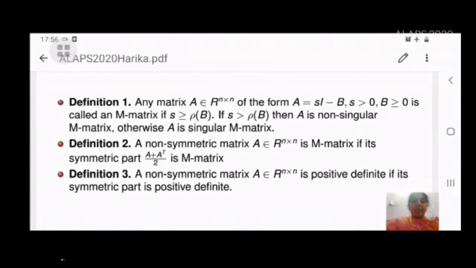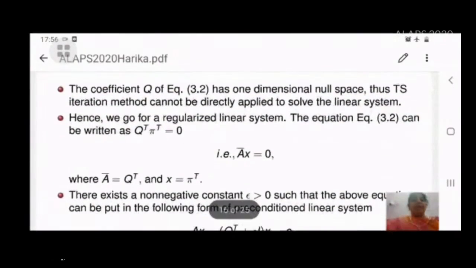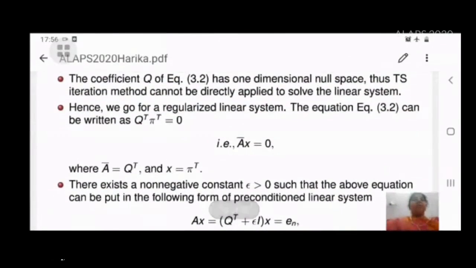A non-symmetric matrix A belongs to R power n cross n is an M matrix if its symmetric part, (A plus A transpose) by 2, is an M matrix. A non-symmetric matrix A is positive definite if its symmetric part is positive definite. The coefficient Q of equation 3.2 has a one-dimensional null space.